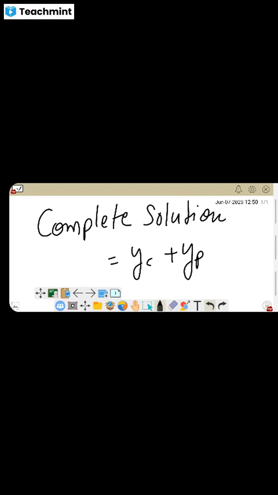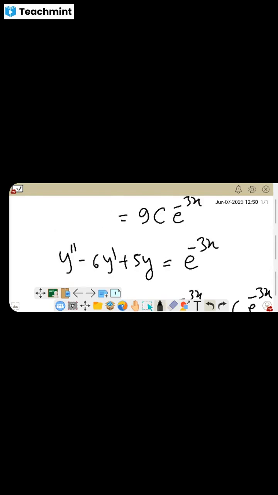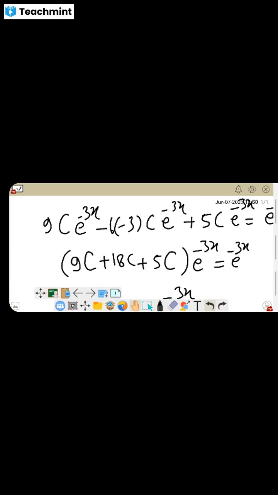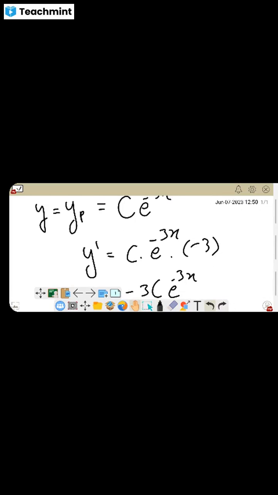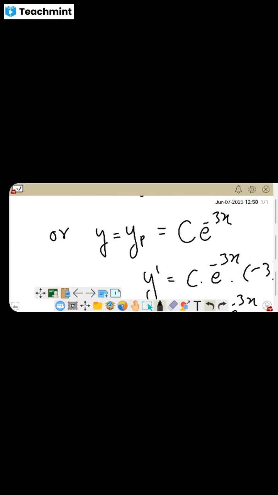We are using y as a solution, meaning the value of y is a solution of this equation. That is why we take it as y. Here we assume it, and this is the final real value.